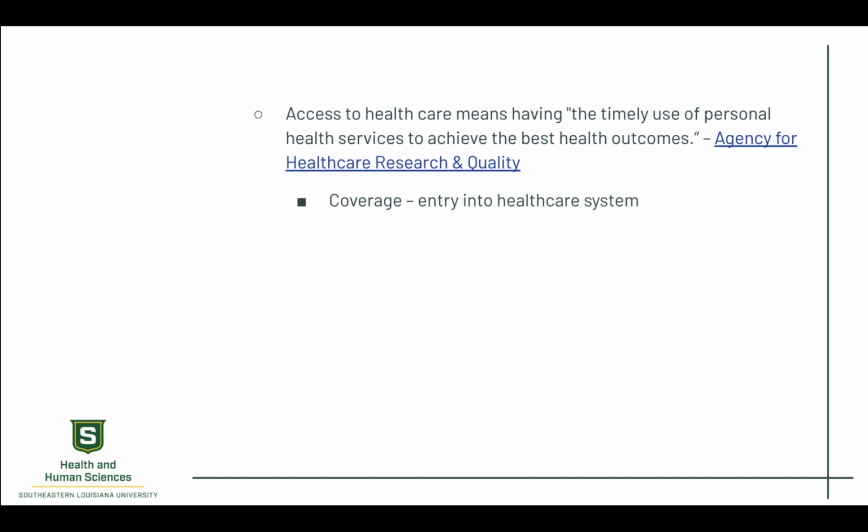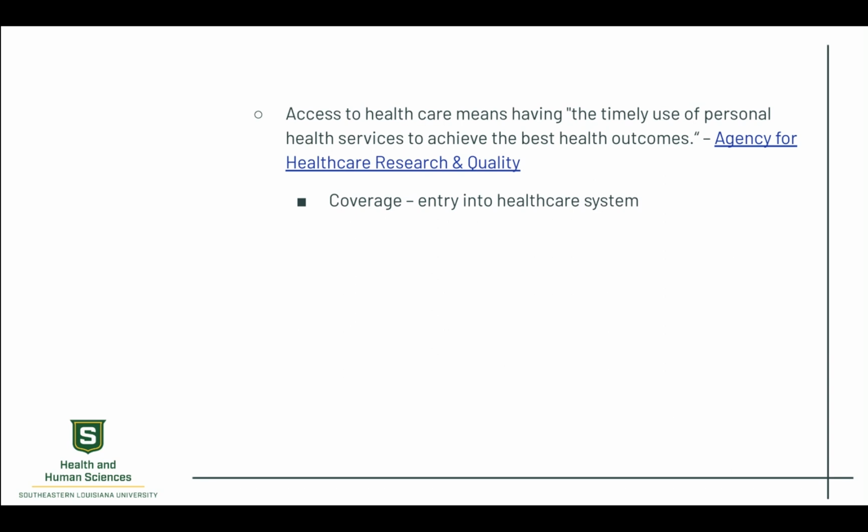And one of the ways that it focuses on that is on coverage, such that, for instance, insurance, having a way to provide affordable insurance, because if you don't have insurance or you don't have another way of paying for your health care and you have to pay 100% out of pocket, your entry into the healthcare system is very much restricted, because now you have to check all the time, can I afford this?